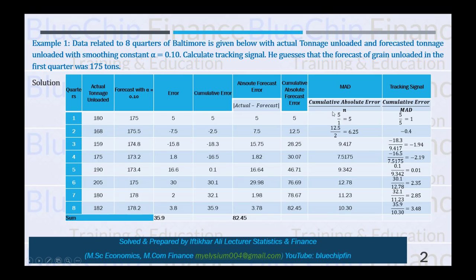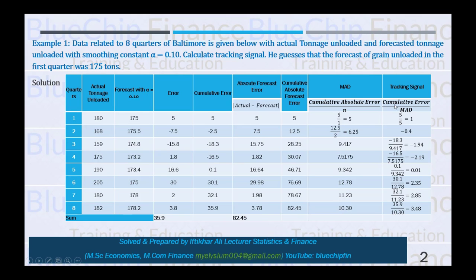Here the cumulative absolute error is 5 for the first quarter, so 5 divided by 1 equals 5. The second cumulative absolute forecast error is 12.5, and 12.5 divided by the second quarter equals 6.25. Similarly, 28.25 divided by 3 is 9.417, 30.07 divided by 4 is 7.5175, and so on.